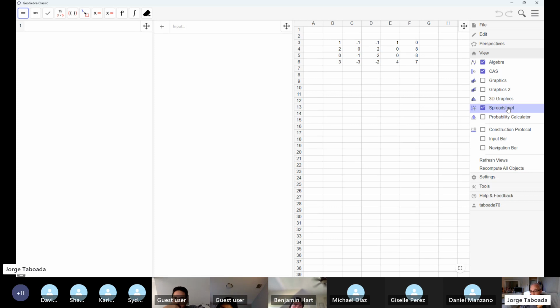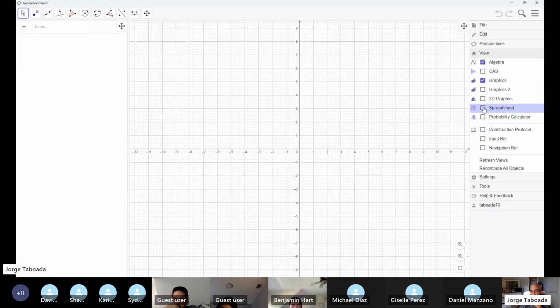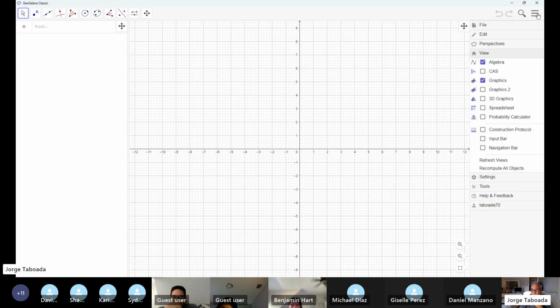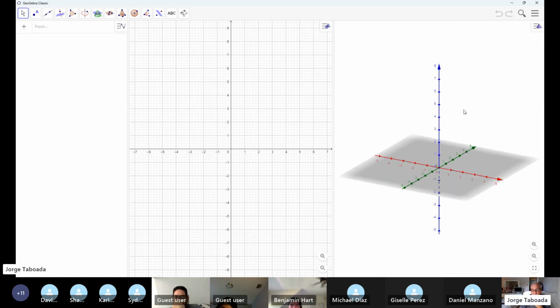The default is using no CAS, using graphic and no spreadsheet. So when you open GeoGebra the first time, you see something like that, similar to Desmos, where you create graphics in 2D or in 3D. Let me show you the 3D graphic. Wow, 2D, 3D, and algebra. This window is algebra, this window is 2D graphic, and this is 3D graphic.